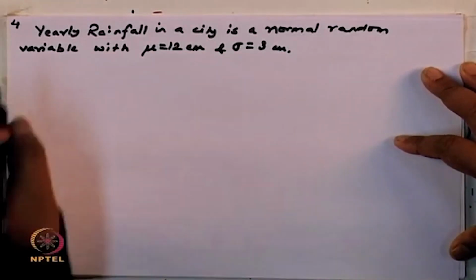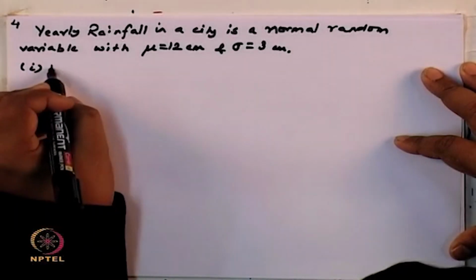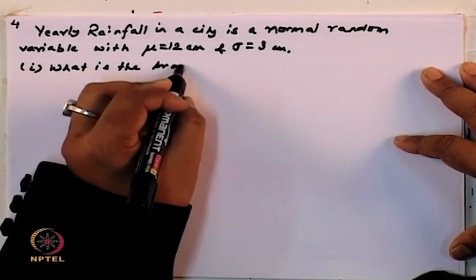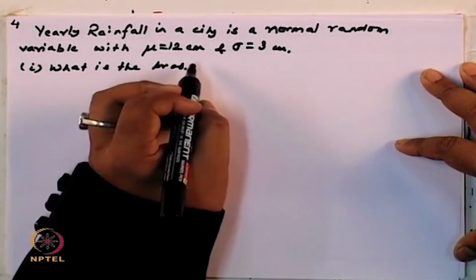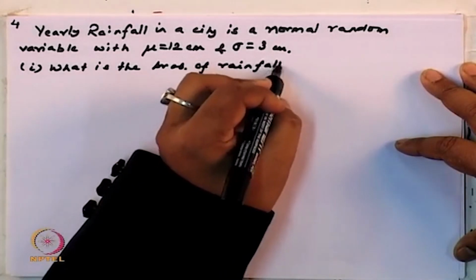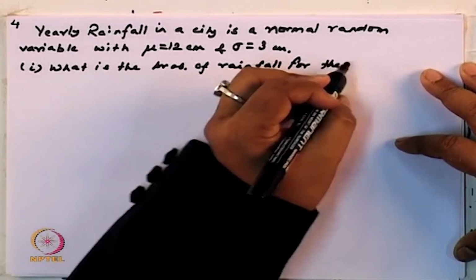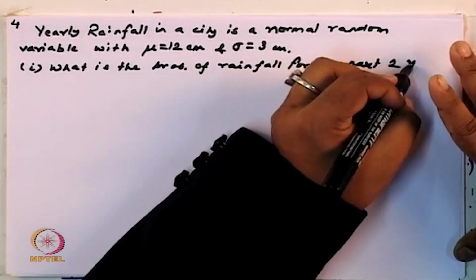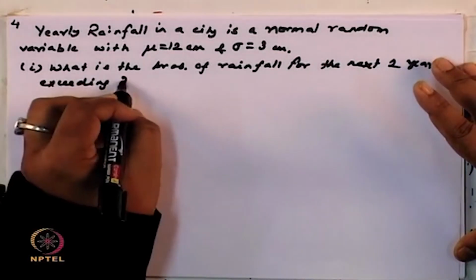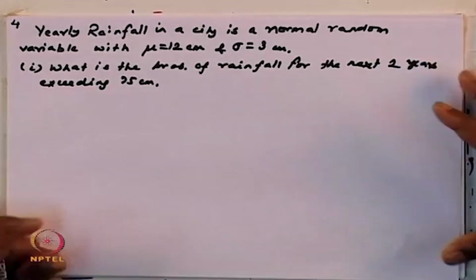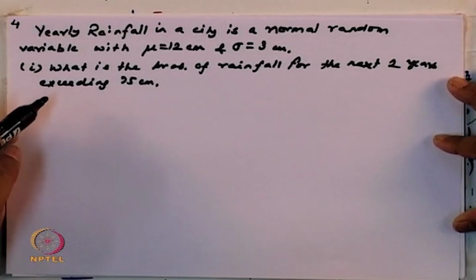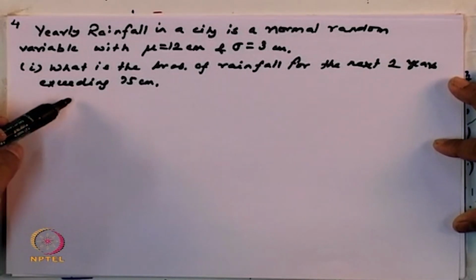And you are asked the question: what is the probability of rainfall for the next 2 years exceeding 25 centimeters?